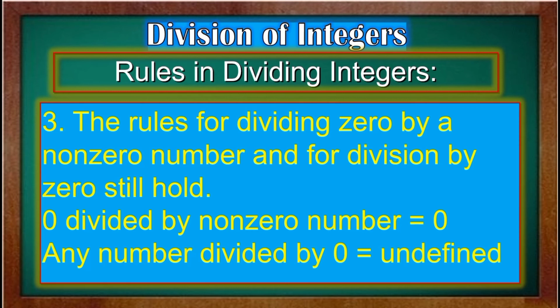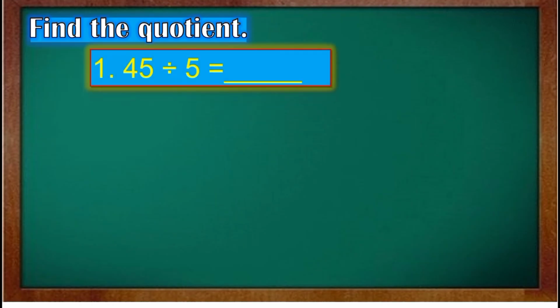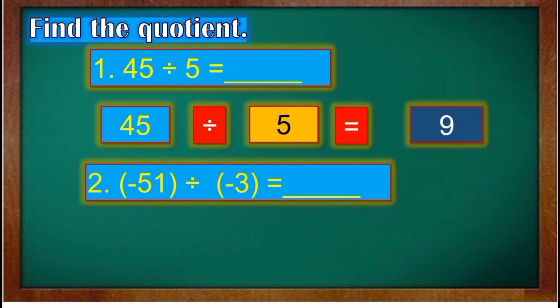For further understanding, let us have an example. Positive 45 divided by 5 is equal to positive 9 because the signs are both positive, or the same. Another example, negative 51 divided by negative 3.